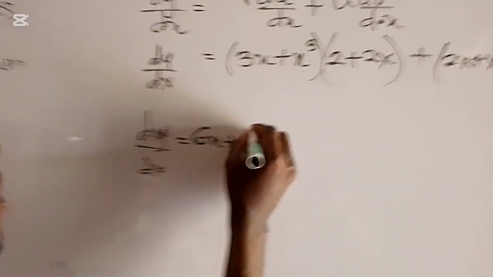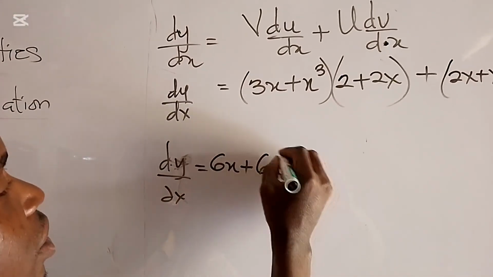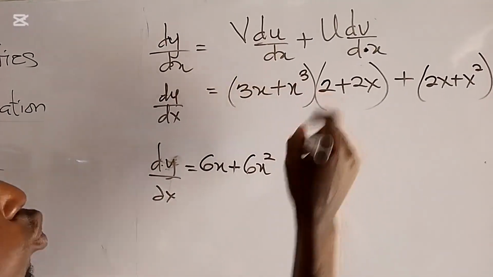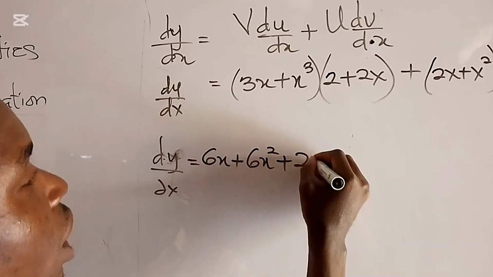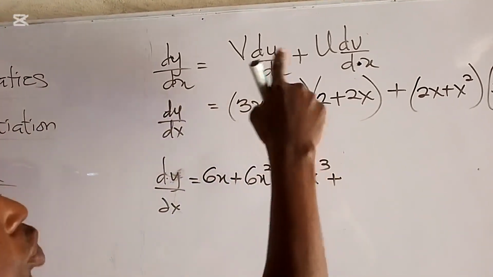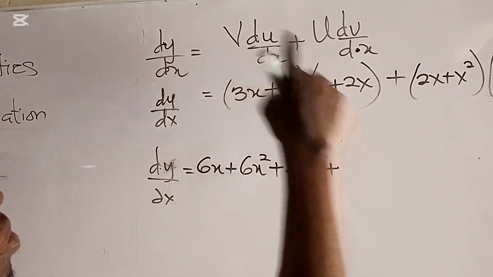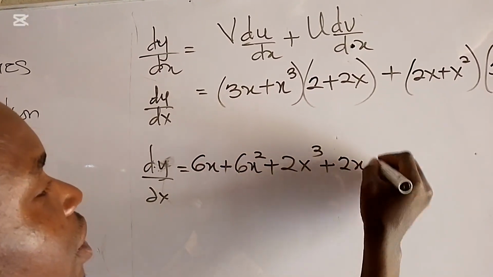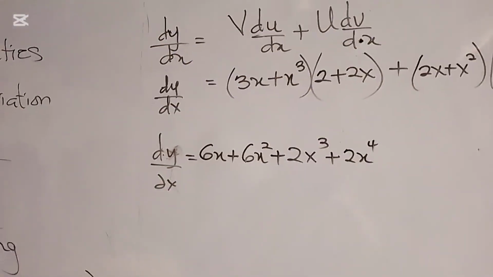It will give us 6x squared. Then we have x cubed multiplying 2. It will give us 2x cubed plus x cubed multiplying 2x. It gives us 2x to the 4th power.